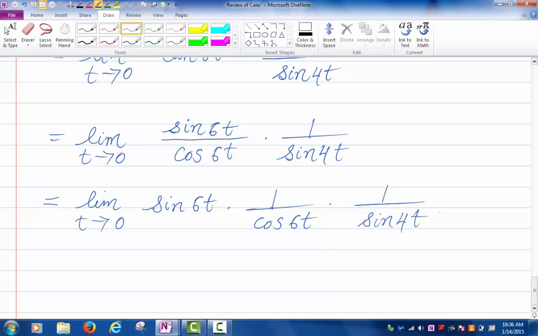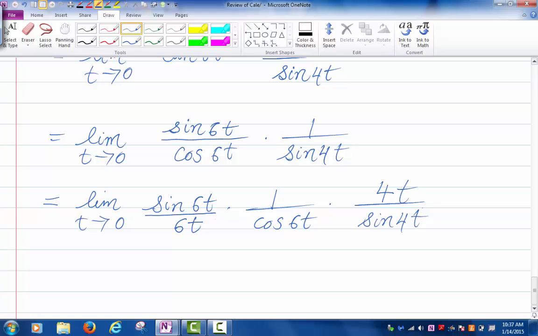If I want to use that fact, what do I need in the denominator here? I need a 6t in order to use that. What do I need on top of the third factor? I need a 4t on top of the third factor in order to use the fact that sine theta over theta goes to 1 as theta goes to 0, right? The angle 4t must match the numerator, right?